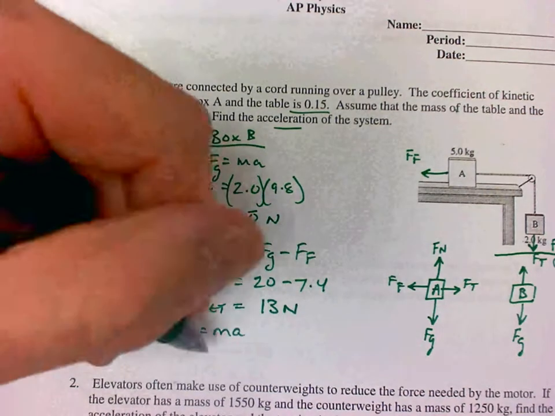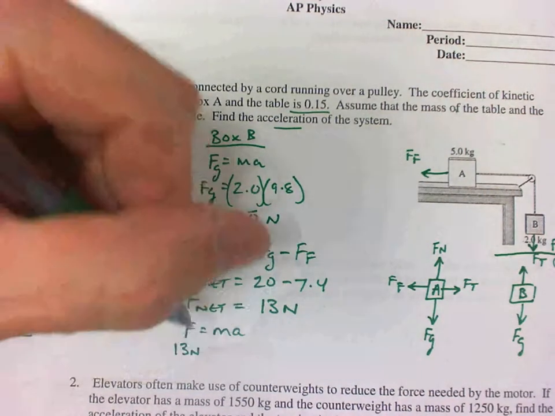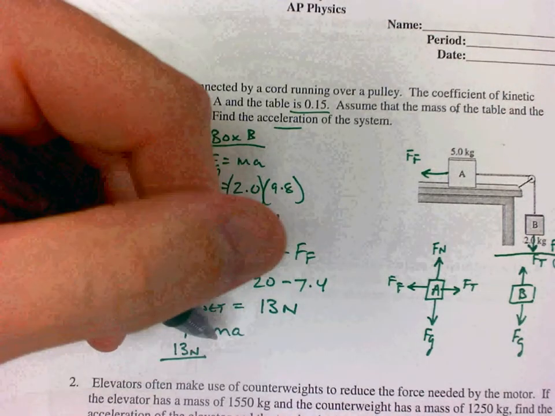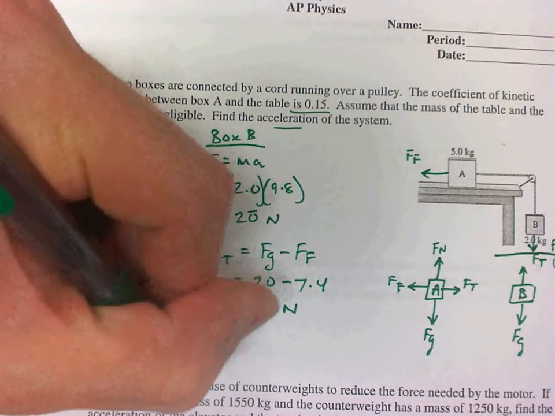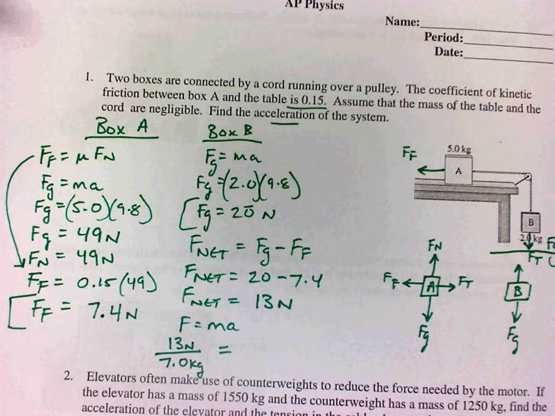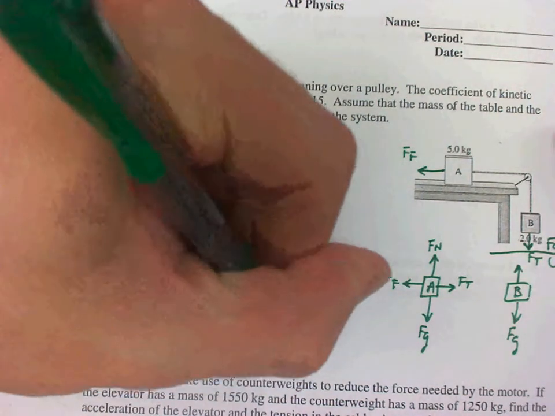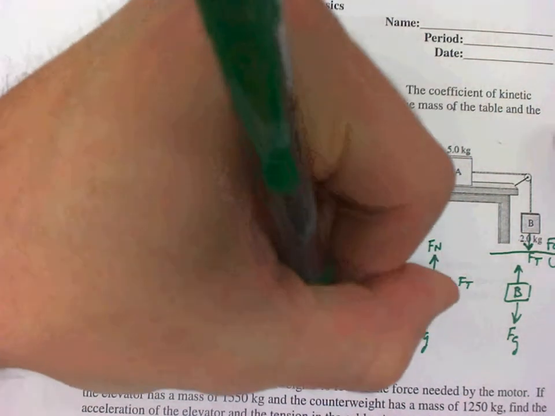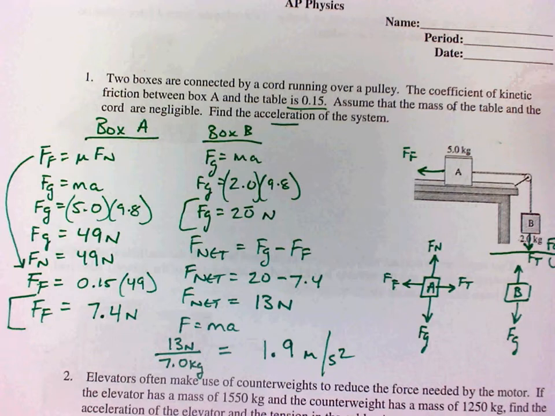We're going to use 13 newtons for our force and a mass of 7.0 kilograms, and we're going to divide these out, and we get an acceleration of, with sig figs, 1.9 meters per second squared. So we can box that in. That is our final answer, and that's all this problem wants.